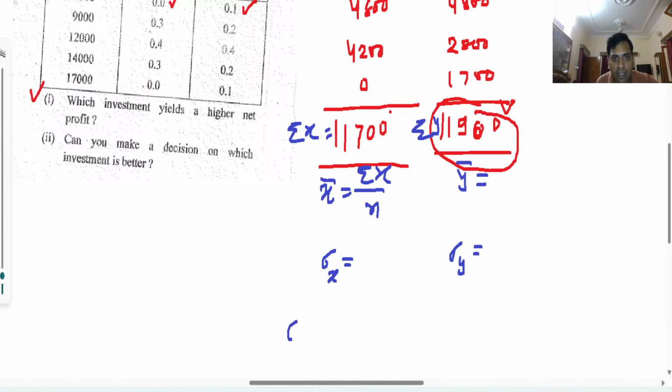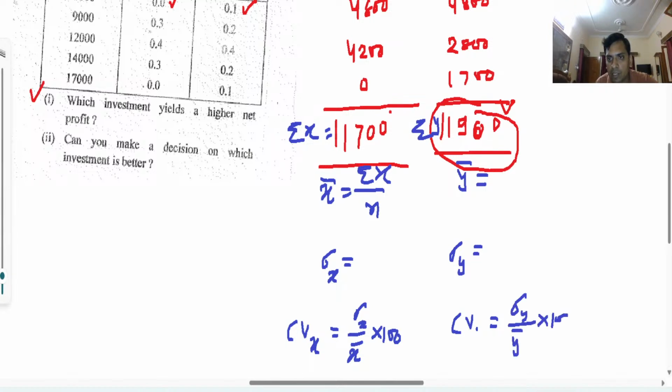Then you need to find the coefficient of variation for X, which is denoted by sigma X upon X bar multiplied by 100 using this formula. And the coefficient of variation for Y is sigma Y upon Y bar multiplied by 100%.